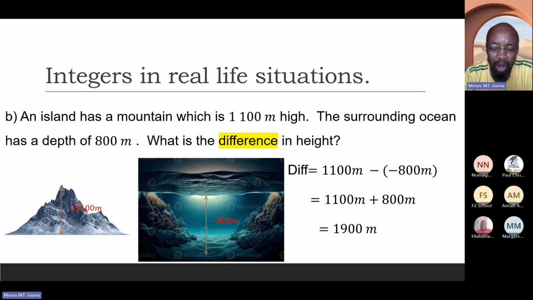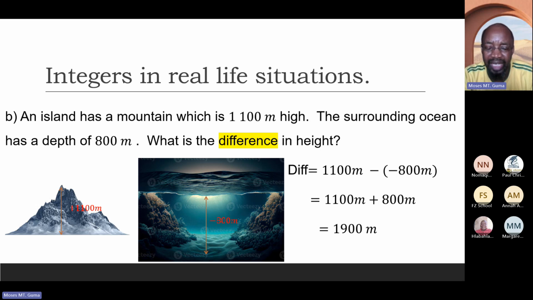An island has a mountain which is 1,100 meters high. Let's see that mountain. There's the mountain. There's its height there. The surrounding ocean has the depth of 800 meters. There's 800 meters. See at the bottom, if you move your mouse down, there's your depth there. Now, what is the difference in the height that points upward of these two? Difference, it means we should subtract. Okay, click on that. Now, we start by taking the height of the mountain, 1,100 meters, minus.